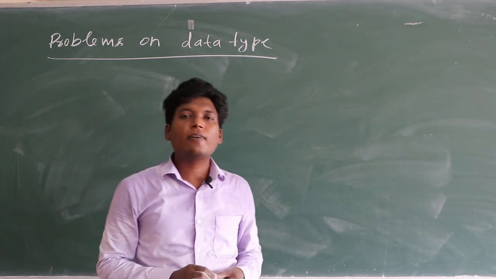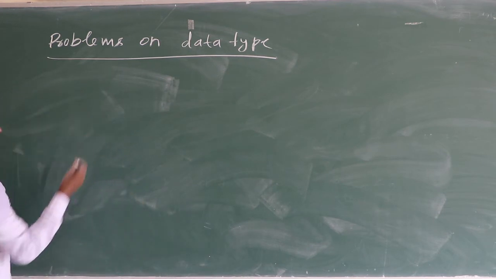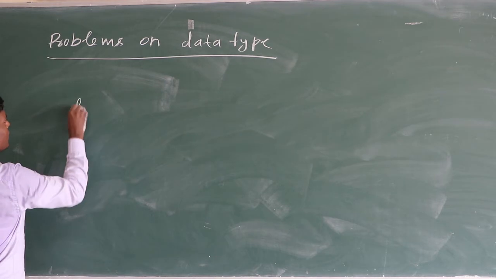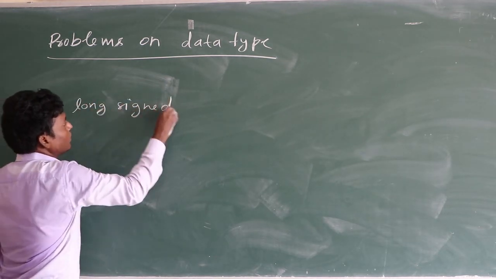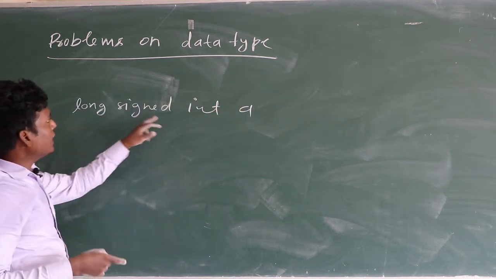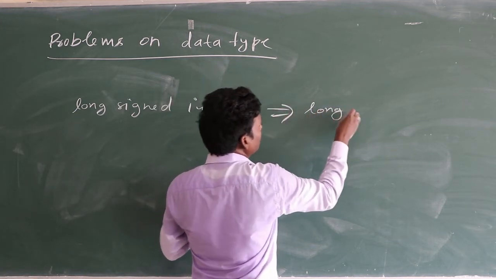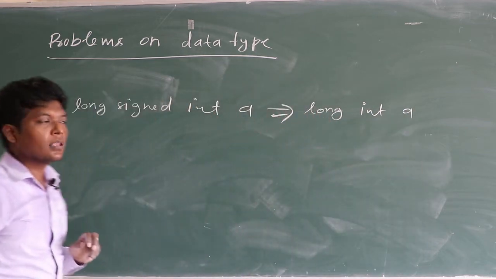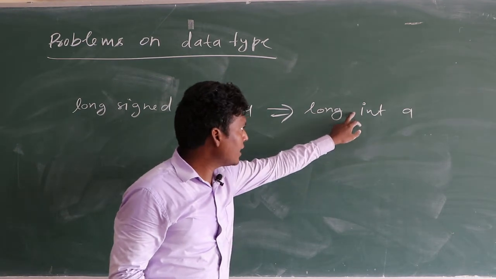Some important points on data type. First, by default data type is signed, which means if you write long signed int A, it can be written as long int A, because by default data type is signed.